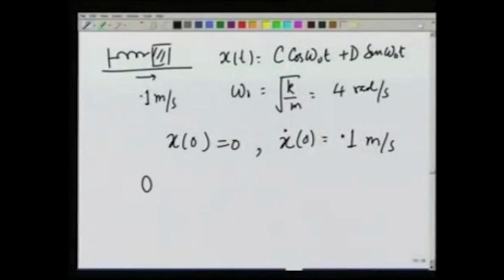With this, I will get 0 is equal to c plus d times 0, which gives me c equal to 0. So this time c is 0.